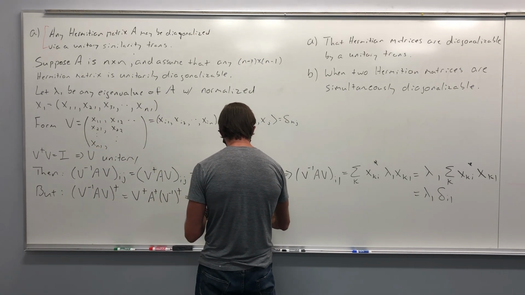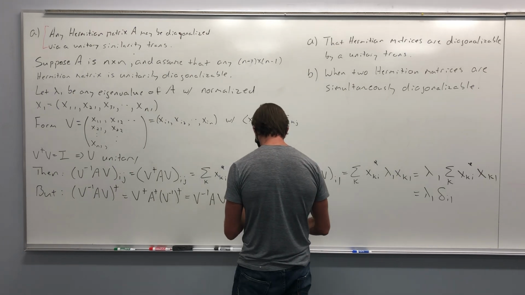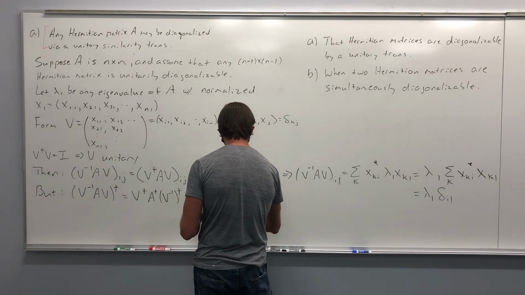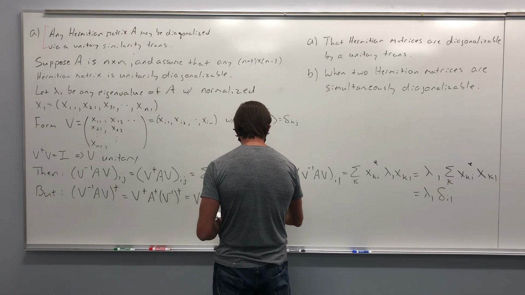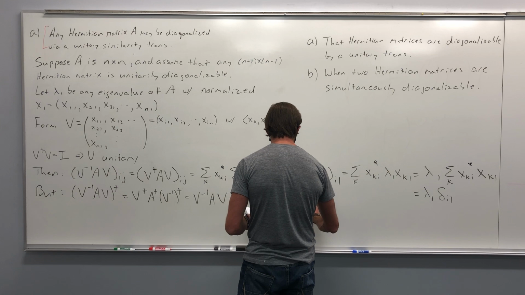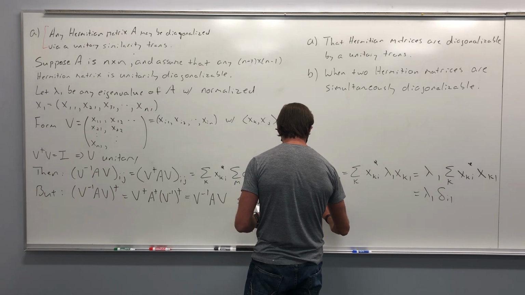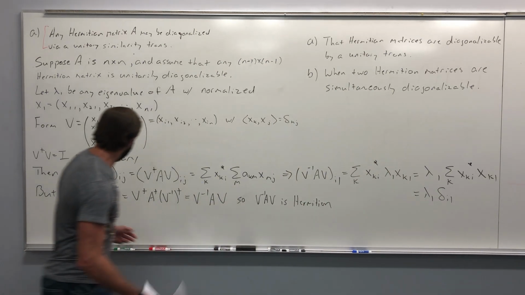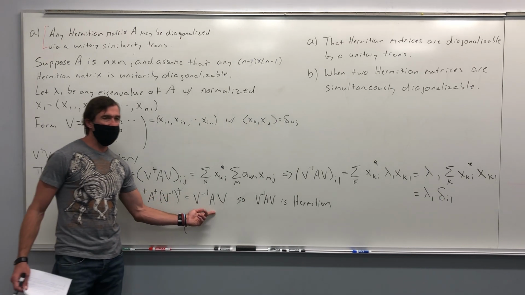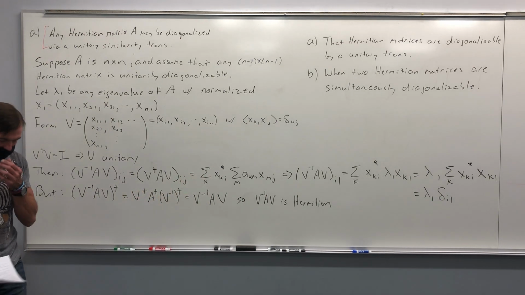Then, I should say, V inverse A V is Hermitian, because V inverse A V dagger is equal to V inverse A V. That's a Hermitian matrix.